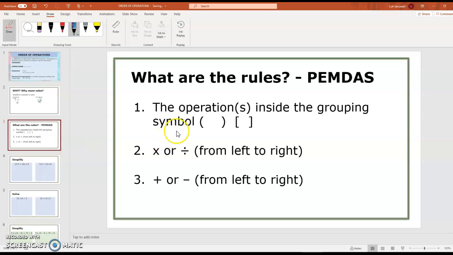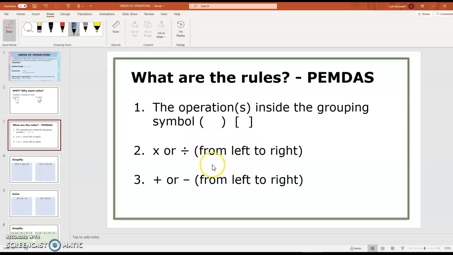So we don't have that problem. Mathematicians decided that we have to have a set of rules. The first one in the order of operations that you have to do is any operations inside the grouping symbol, which is called parentheses, or bracket. So anything inside the grouping symbols you have to do first.